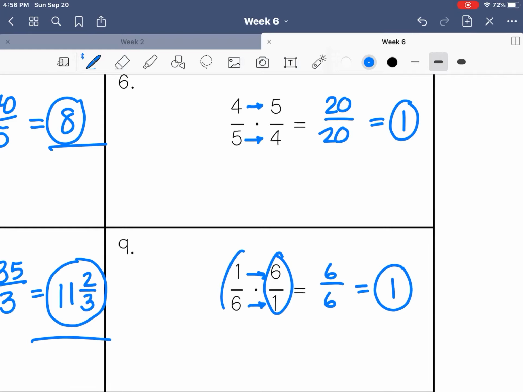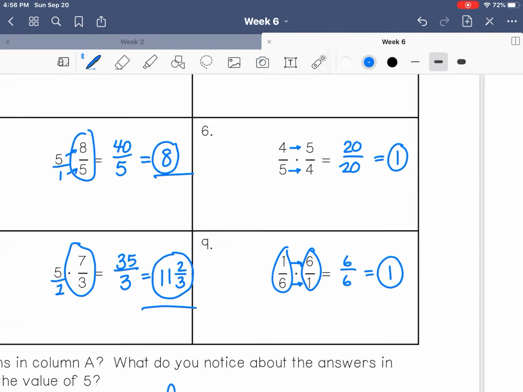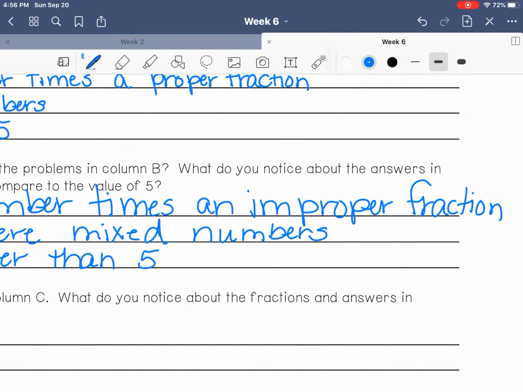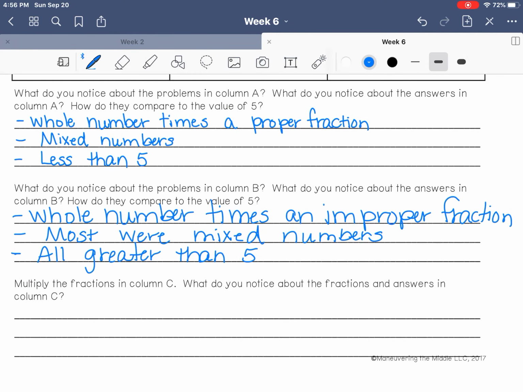We multiplied all of them times their reciprocal. The number flipped upside down is the reciprocal. So here's what you should notice about that.